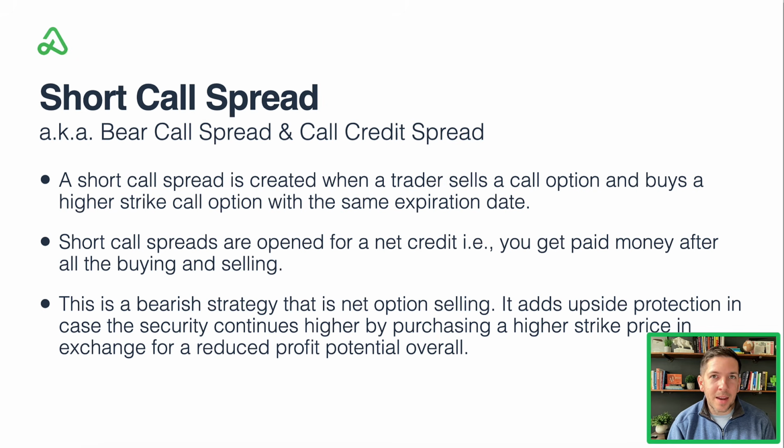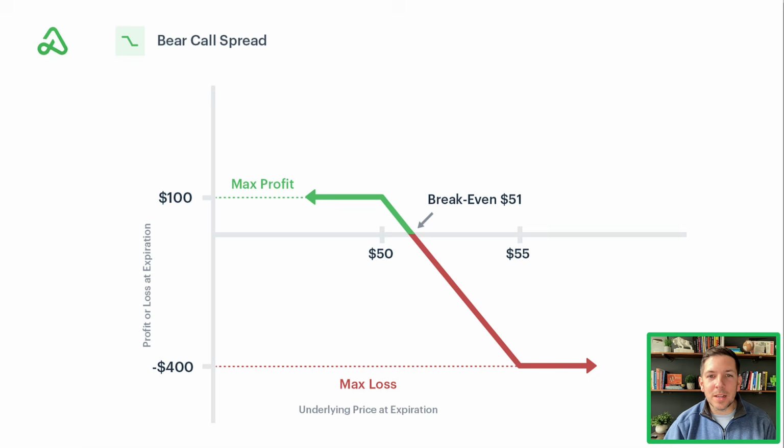You're still going to get paid as an option seller, which means you're going to take in a credit. That's going to be your max potential profit. And at the same time, you're going to reduce the overall risk on the strategy by capping that upside potential. You definitely don't want to do this with naked call options. You don't want to sell a naked call option because the stock could run away forever and it just creates an unlimited loss scenario.